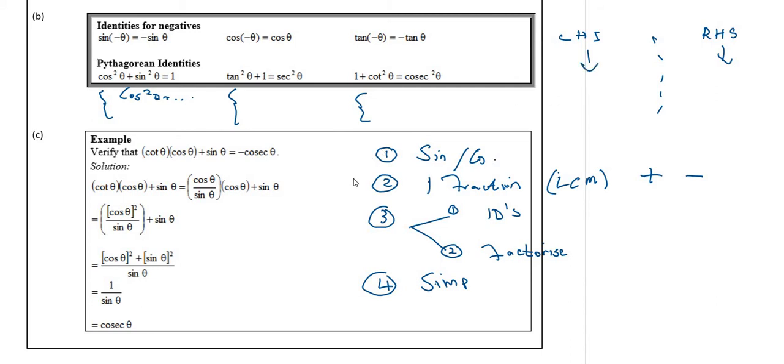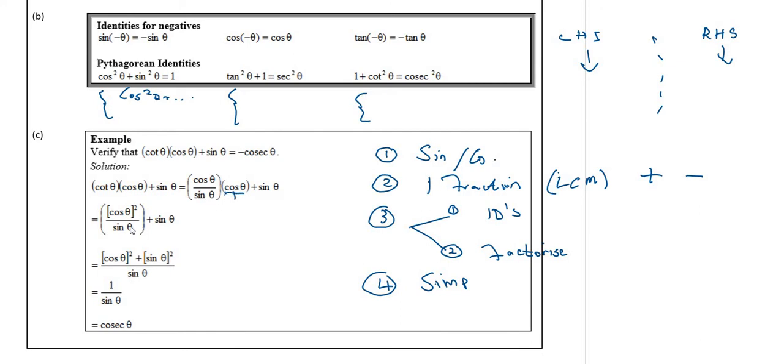But okay. So if we look at the example here, we have changed the cot to cos over sine, and cos over sine, and then we see that this is cos over 1. Maybe I could just write there cos over 1.